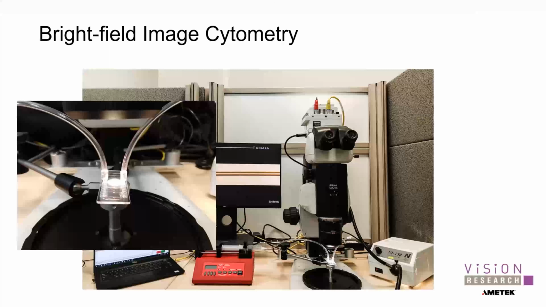All right, there's even been a push away from fluorescence imaging and more toward bright field imaging, just because people are finding out that they get a lot of information just from the bright field image itself. Okay, so what does a bright field setup look like? It's nothing more than a high-speed camera integrated into a standard microscope, and that microscope is looking down into a microfluidic chip here.